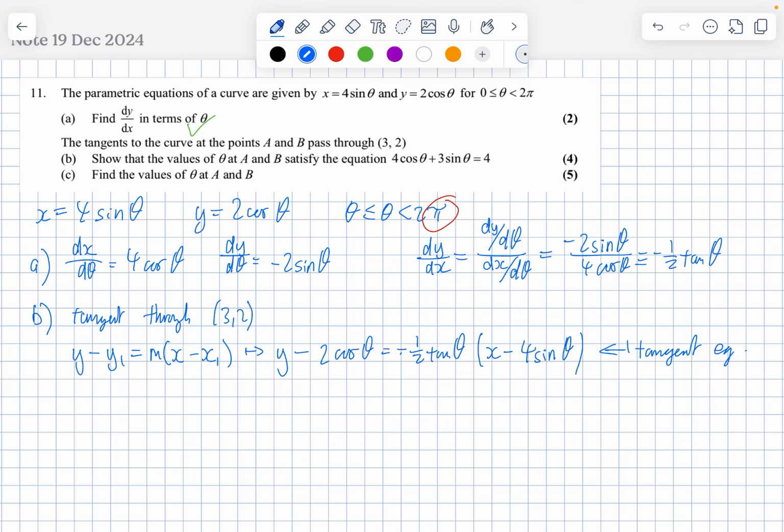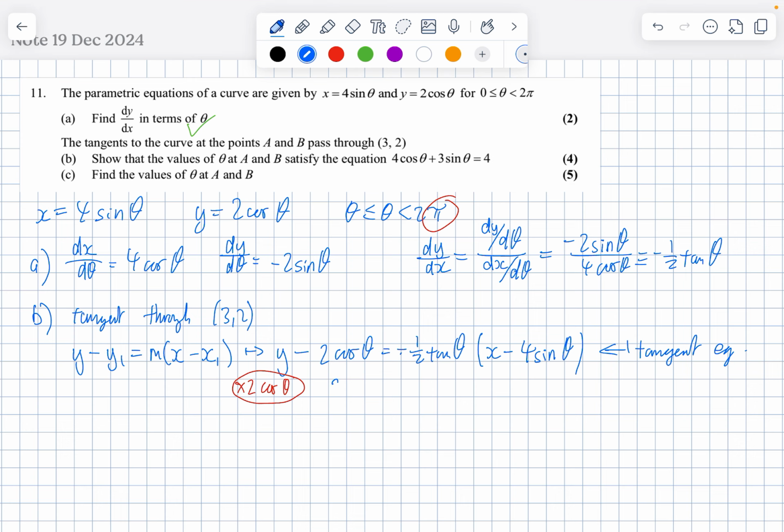So I've got y minus 2 cos theta. I'm going to multiply by 2 cos theta, because at the moment I've got cos, tan and sine, and there's no way I'm going to be able to get that into what I want.